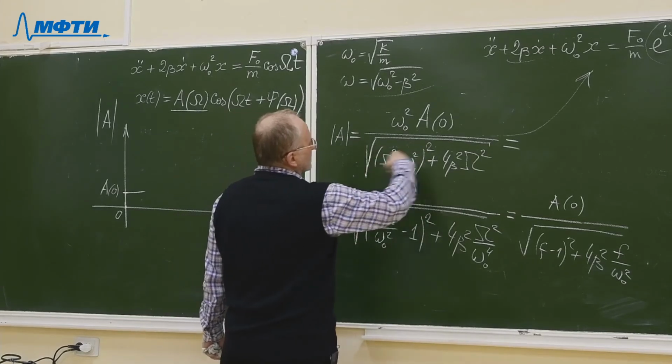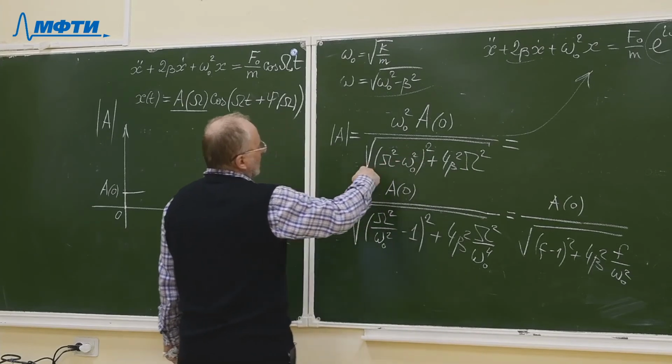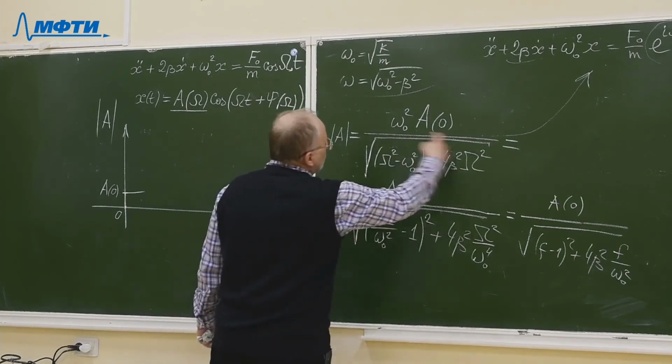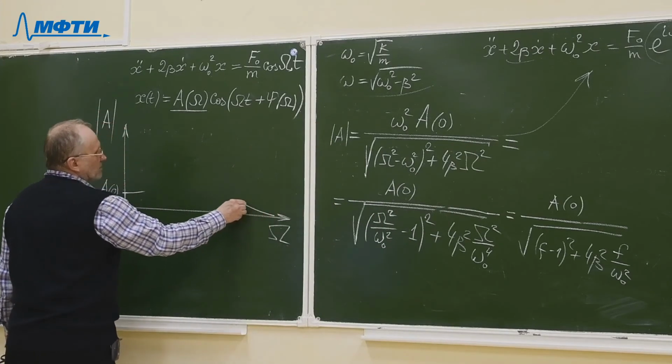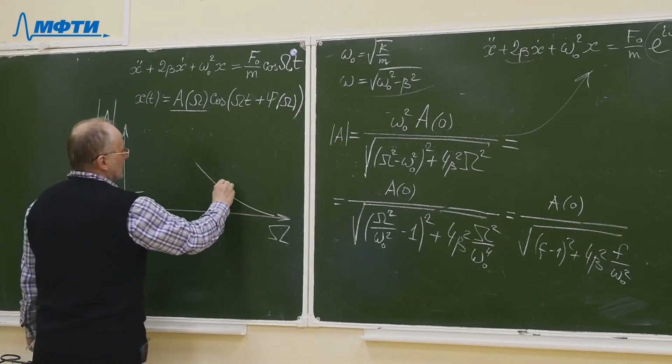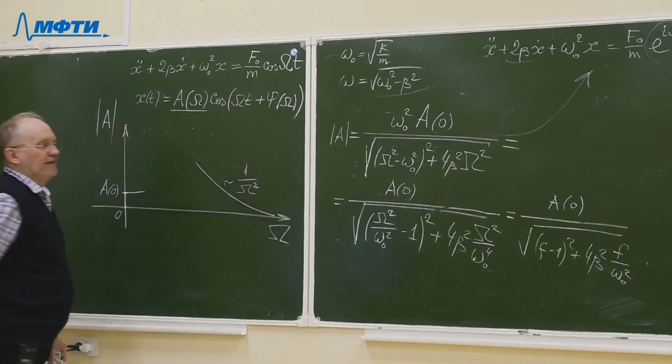So when I take the square root of it, I will get capital omega squared in the denominator of this formula. So at very large omegas, the amplitude will be proportional to 1 over omega squared.